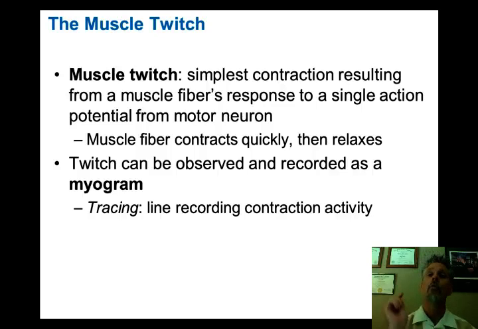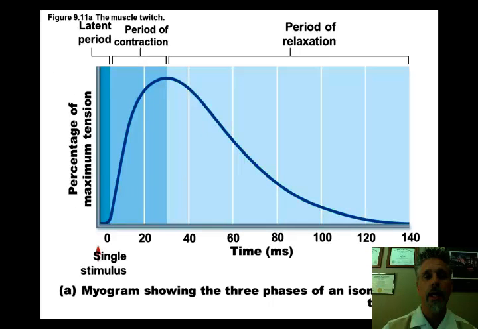And that means one threshold stimulus, one stimulus that gets to those skeletal muscle cells by a motor unit, right? A motor neuron going down to that motor unit. And then as fast as we stimulate it, we stop stimulating it. So it's going to respond and produce a short contraction, and then it's going to relax again. You can look at that on a graph and it looks kind of like this.